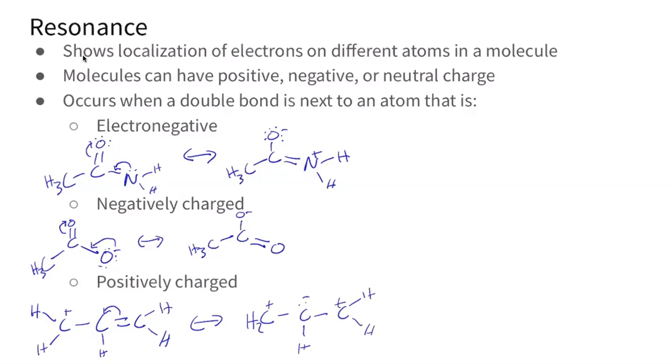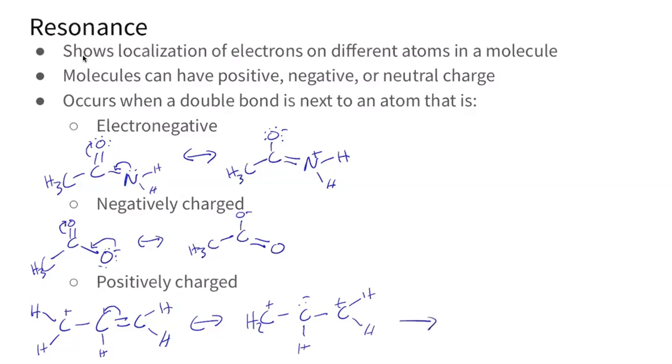So now we have 2 CH2s on the ends, both of which have a positive charge, and we've got 1 negative charge. And if we add up the individual charges on each of these atoms, we will find that the overall charge for our molecule is not changing between the resonance structures.